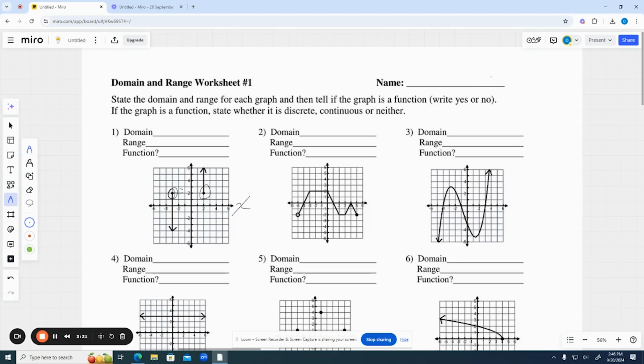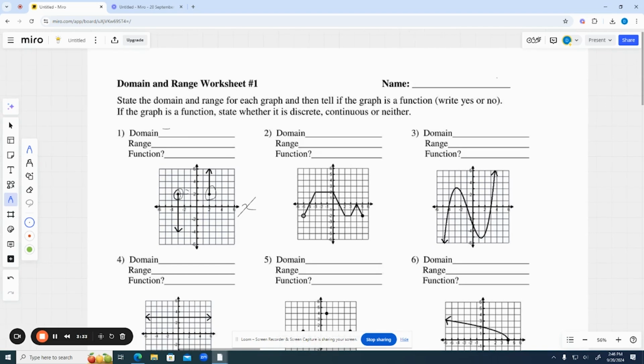And it looks like -3 and +2. So that would be your domain. And so your range would be all your y values. So it would start, well, in this case, it has these arrows, so it doesn't stop right here.